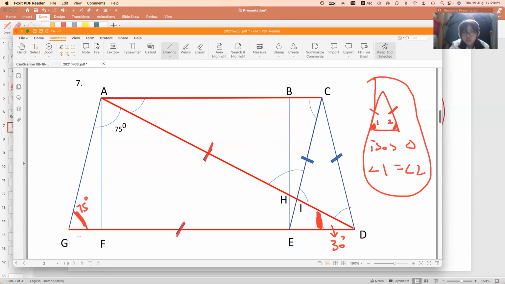So this angle and this angle, they are what? Z. Equal. Yes. So just now you said this is the Z. So now this is 30 degrees. So what is this now? 30. Why? Because angle 1 and angle 2 are equal. Correct.